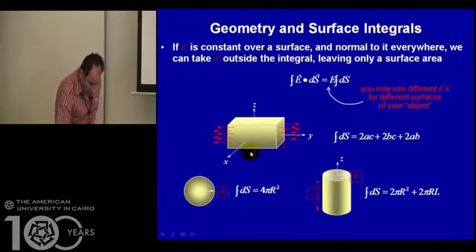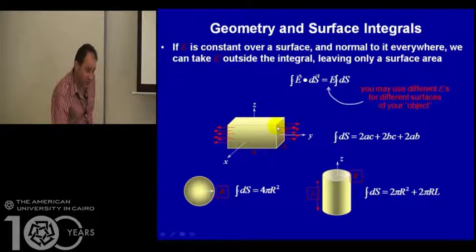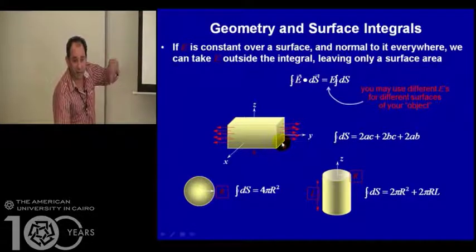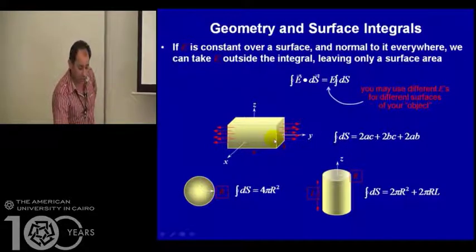If this is A, that's B, and this is C, the integration over ds for that shape is going to be AB times 2, the area of the base and the top, plus 2BC plus 2AC for the sides. This is the integration over that closed surface, and that's what we mean by closed surface.